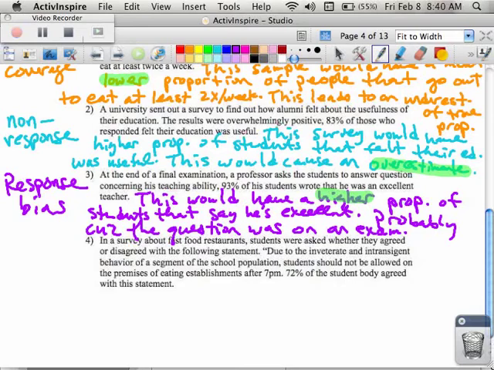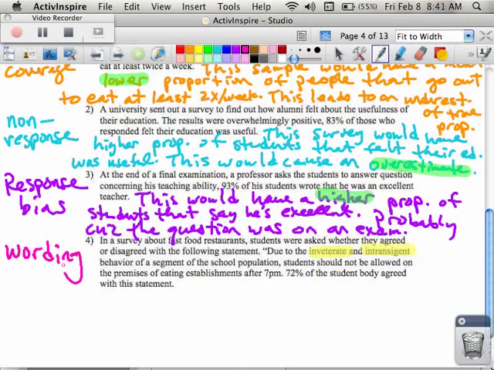My biggest question would be, how many kids do you think knew inveterate and intransient? Very few. So this one is the wording of the question.